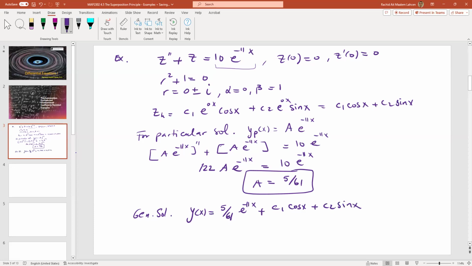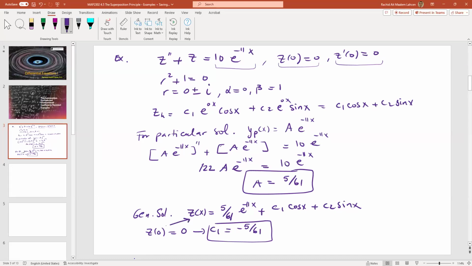So now we need to solve this IVP using the initial conditions. If you try the first one, that just gives us C1 to be -5/61. I wrote y, actually z.